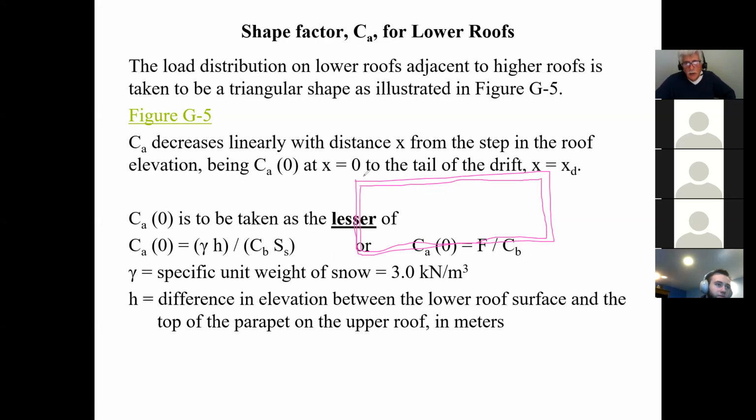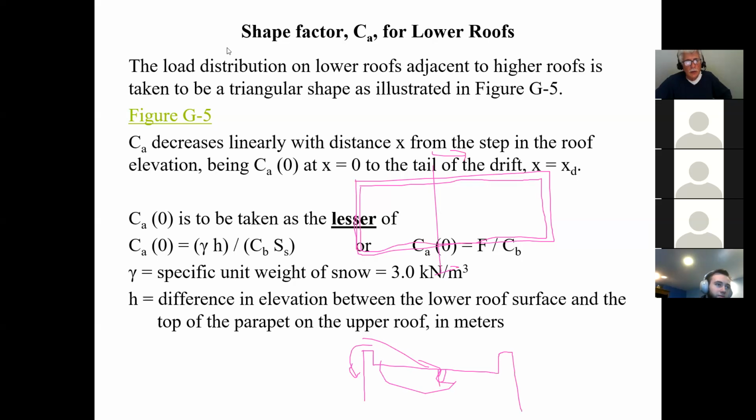If I look at the cross section, here's the outside face of the wall, there's the parapet, and there's the roof. The reason architects do this is to create a basin so they can drain the water to the roof drain and it doesn't spill over the sides of the wall. So those are parapets.